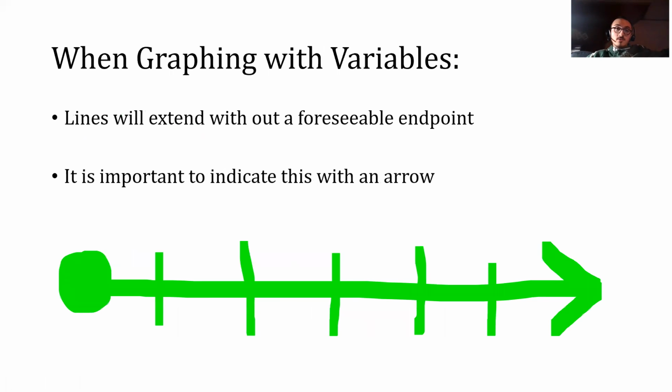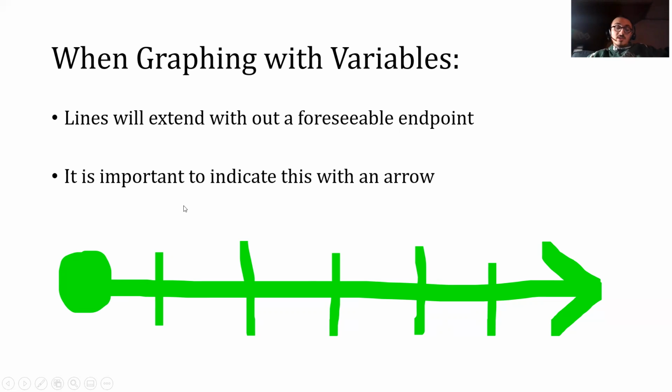So going on, we are graphing with variables. The majority of our work is going to be with variables. This is really important. When we're graphing with variables, our lines are going to extend without a foreseeable endpoint. So we are going to indicate this with an arrow. We will have the dot right here where our number is, but then we will have an arrow going off into one direction, either left or right.